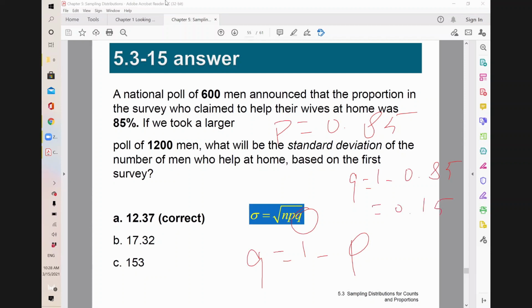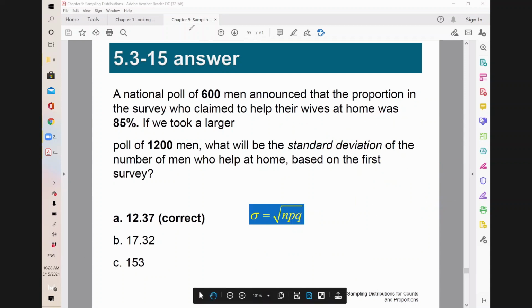Here we use the same thing and we conclude the exact value of the standard deviation.